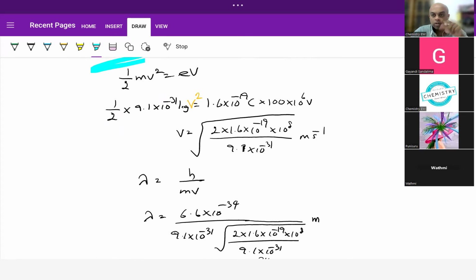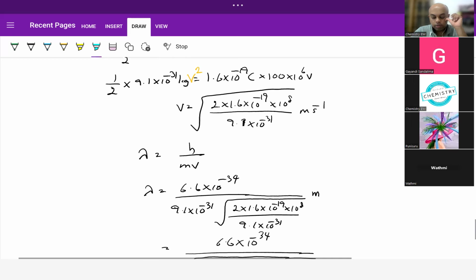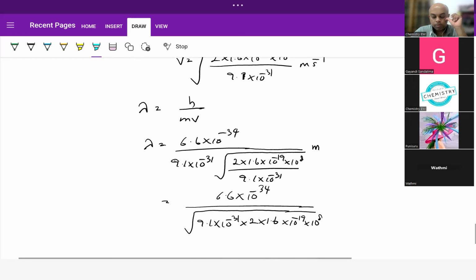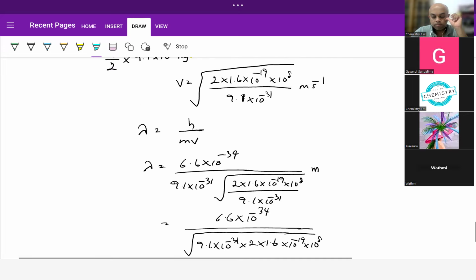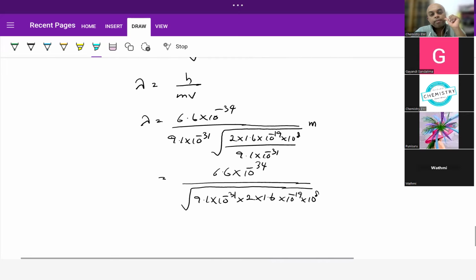You can do the calculations as you want. I just want to show you your comment is correct. We don't need the root of m because v squared and v cancel. So this is how you do this one.